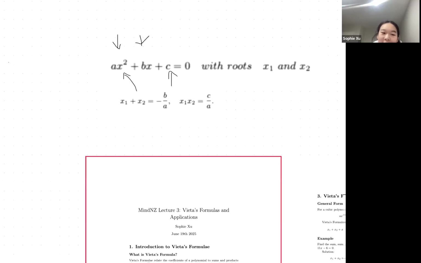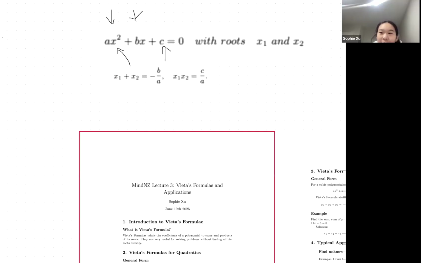Can we prove it? I'll give you guys 1 minute and then you can try and prove it. And actually, I'll give you guys 2 minutes and then someone can just put their hand up or type in the chat.